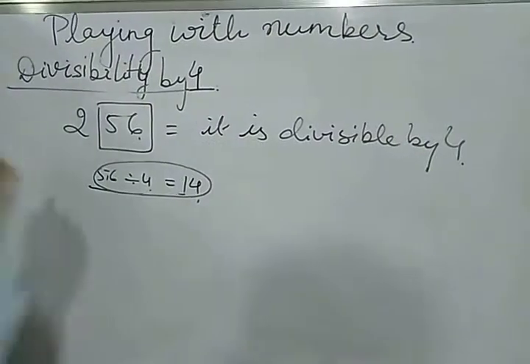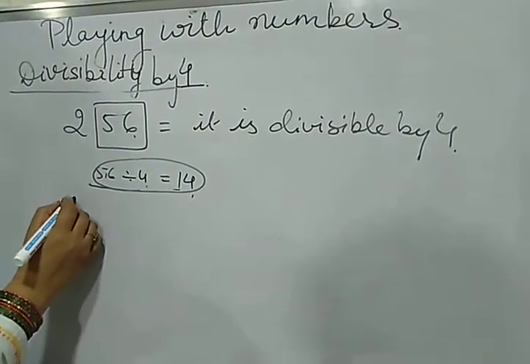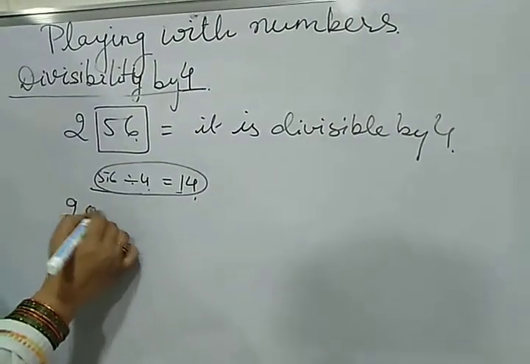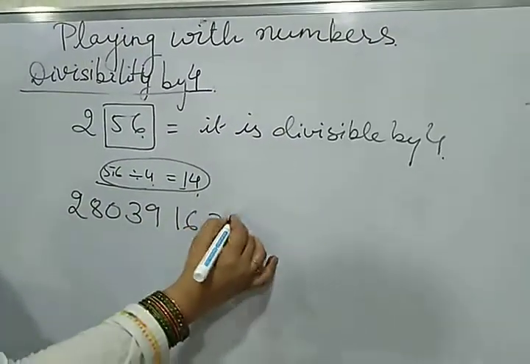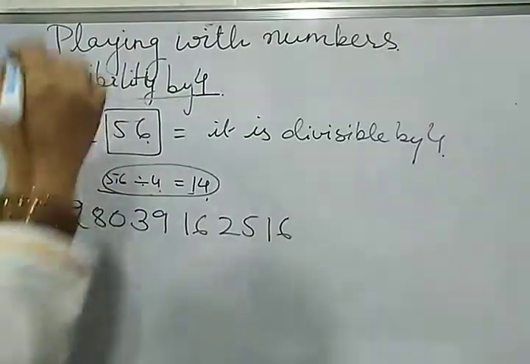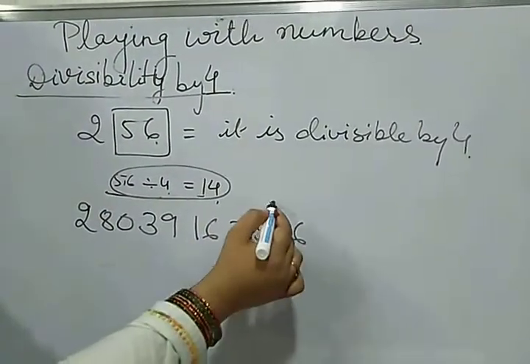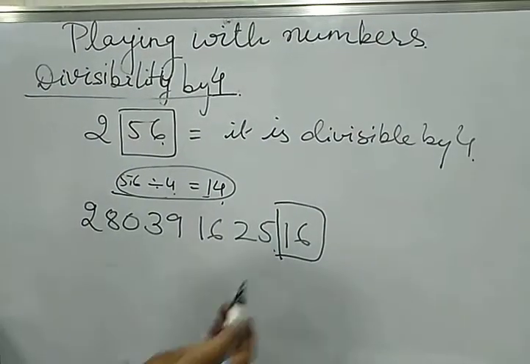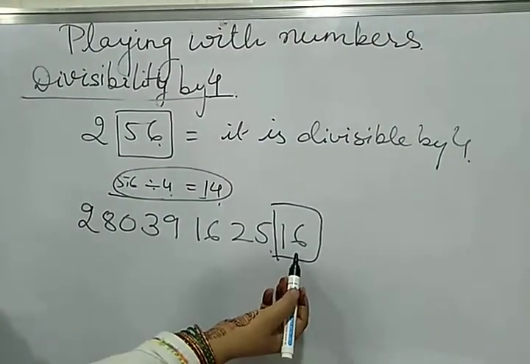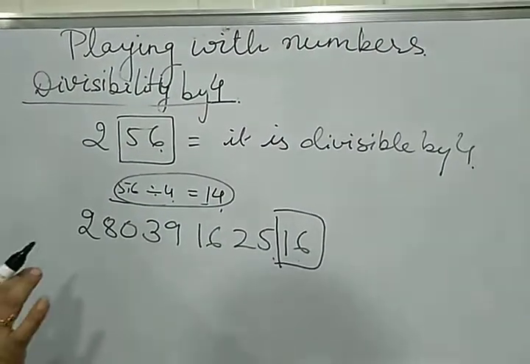Here also, if the number is a large number, then also we will see the last two digits of this number, that is 16. We will see whether 16 is divisible by 4 or not. Here 16 is divisible by 4.